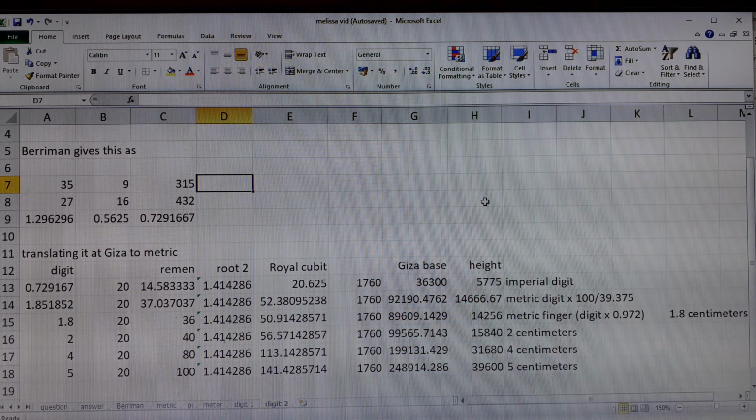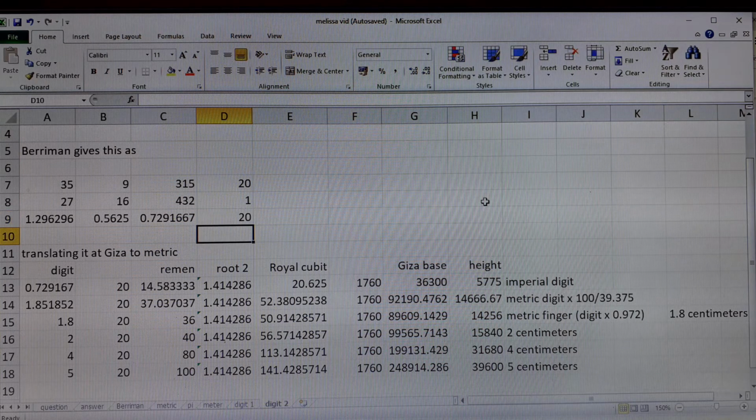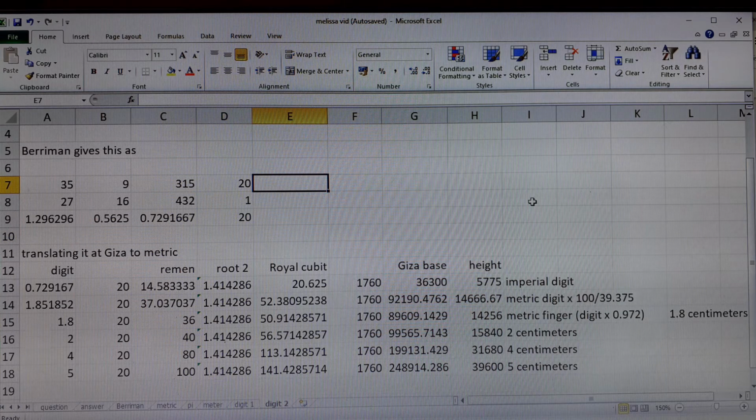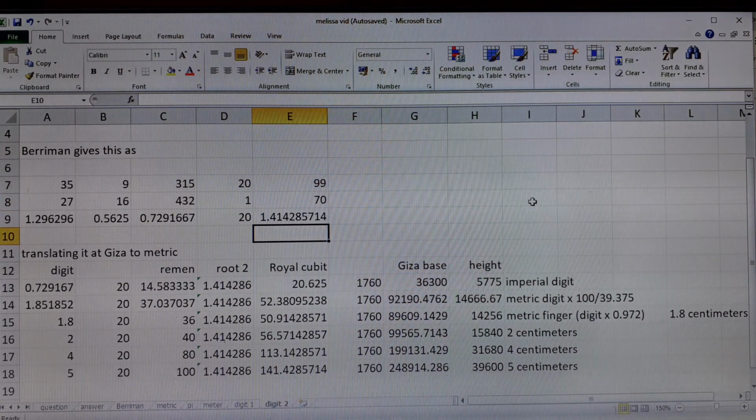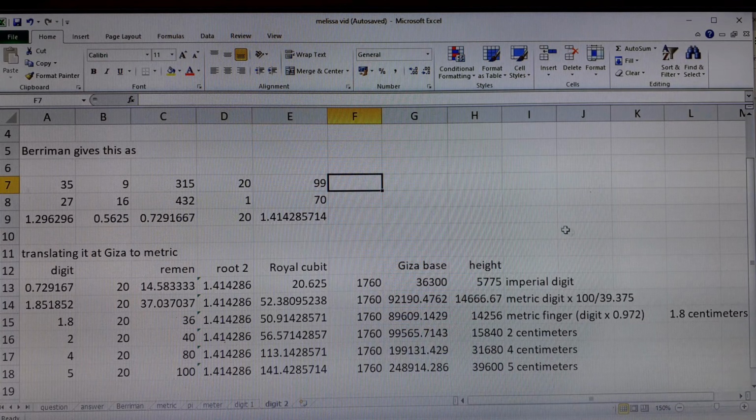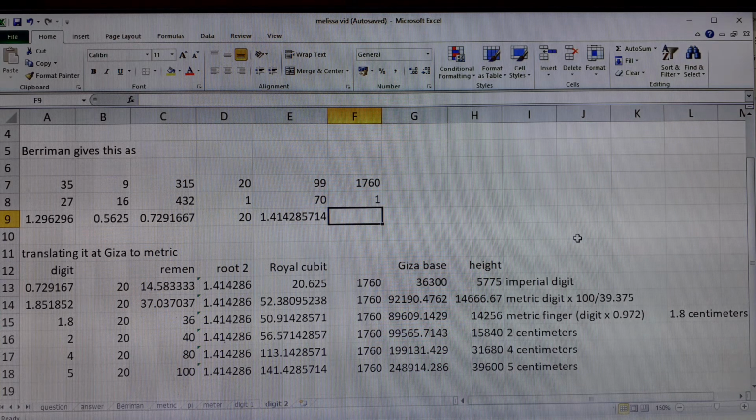So we multiply the digit by 20, then we multiply it by root 2, to get the royal cubit, which we then multiply by 1760, and we get the Giza base in imperial inches, so we can multiply that out.